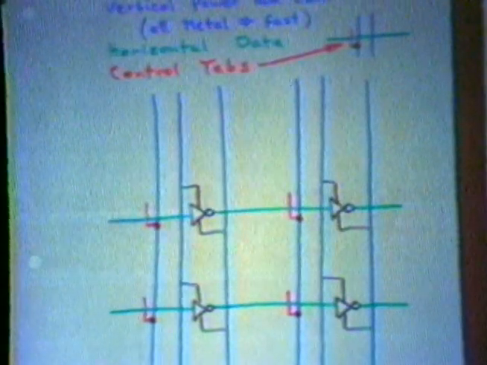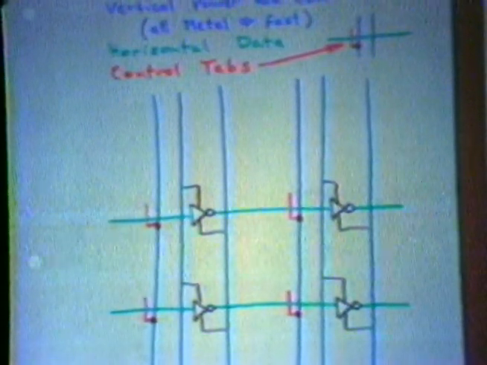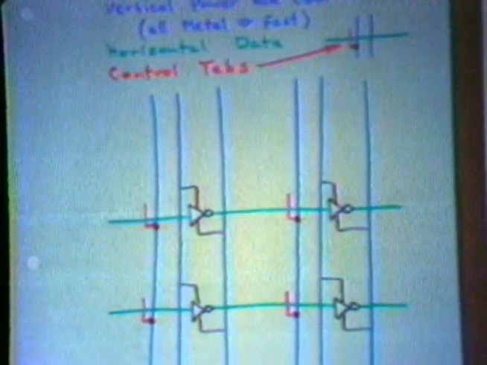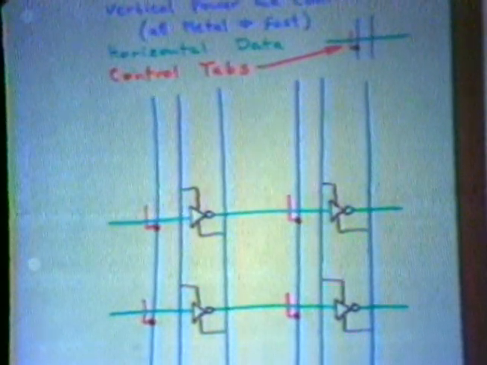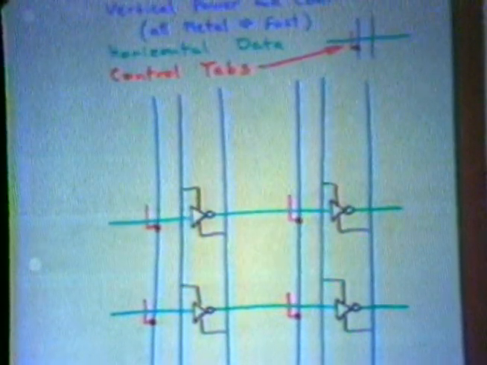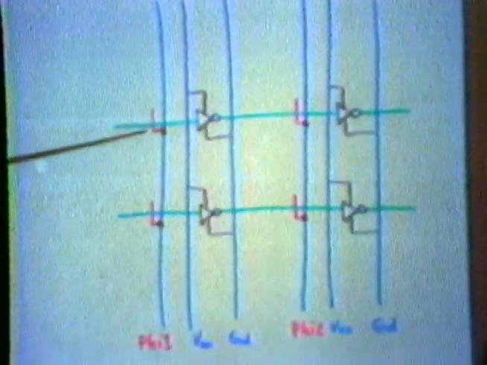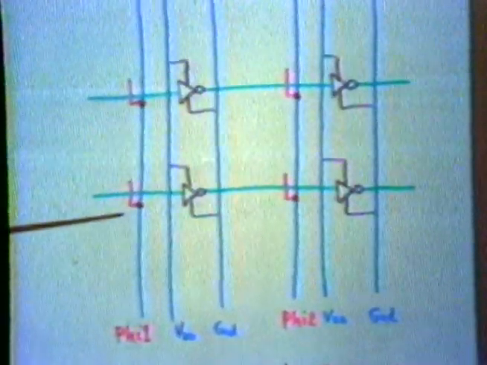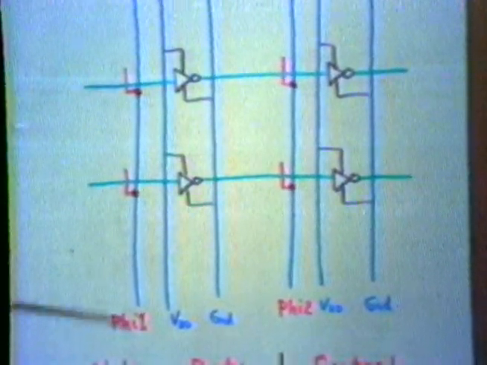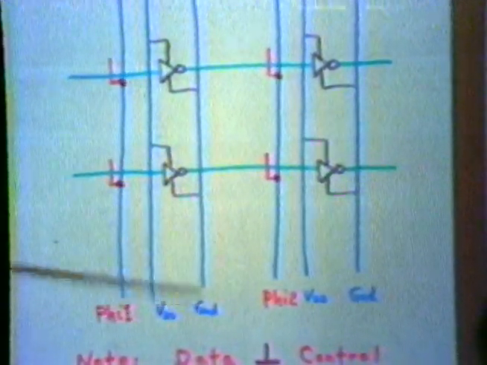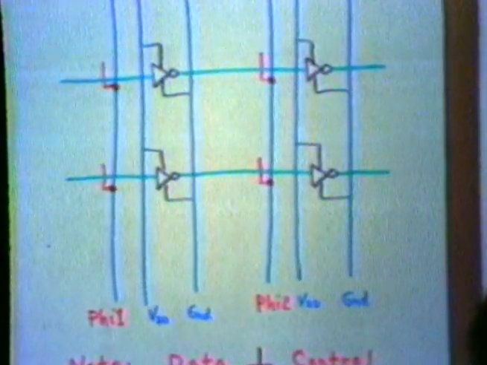So that's quite a change from the last choice. Now, of course, a control line has to be red in some sense. It has to be able to gate the data. So the control is actually implemented by little red tabs coming off this blue control line, such as this one and this one. And that's clock phase 1. The power and ground are routed on lines parallel to that.